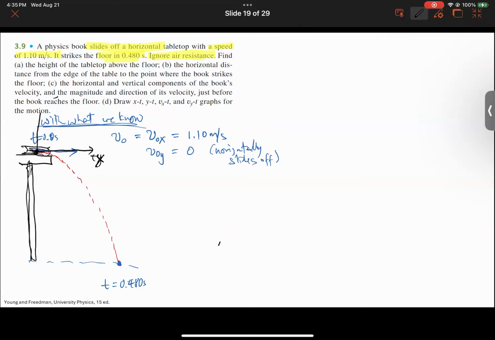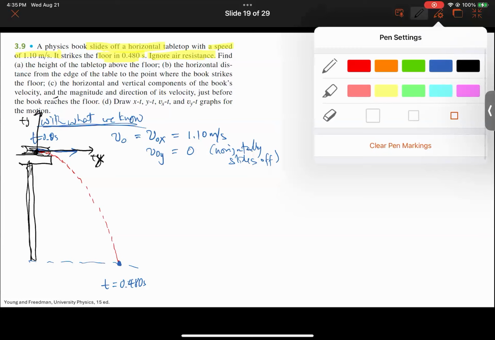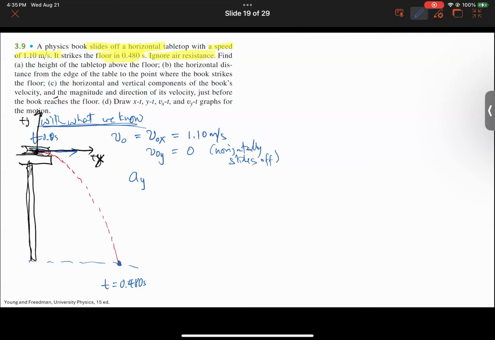Positive x and then positive y. Okay, dinefine ko yung positive y as upward and dinefine ko yung positive x as having a direction towards the right. Okay, so ang ibig sabihin nito is that yung acceleration along the y-axis is negative g or negative 9.8 meters per second squared.